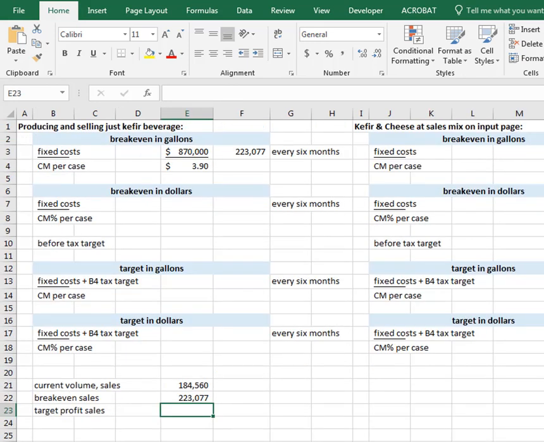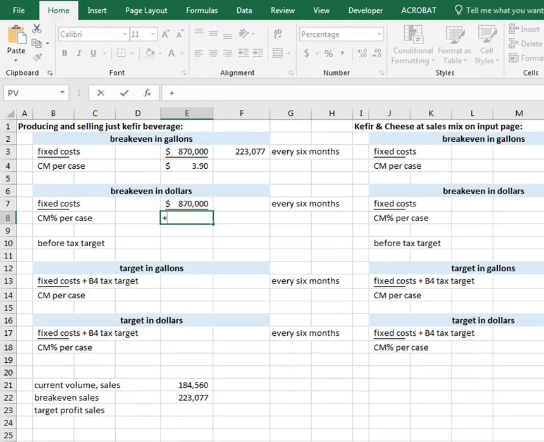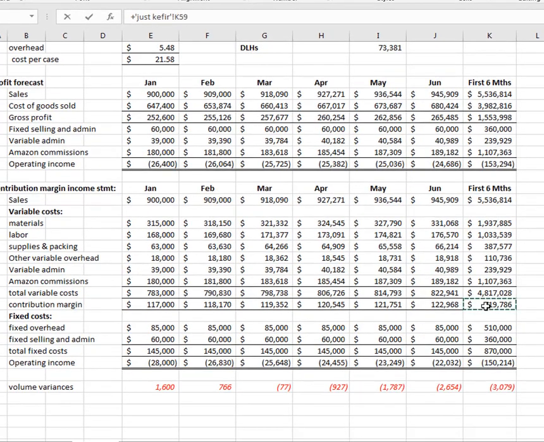And then the client wants to replace their salaries. And so the question is, what is that target before tax? Let's get the break even in dollars before we do that. Our contribution margin percent is the contribution margin divided by sales.